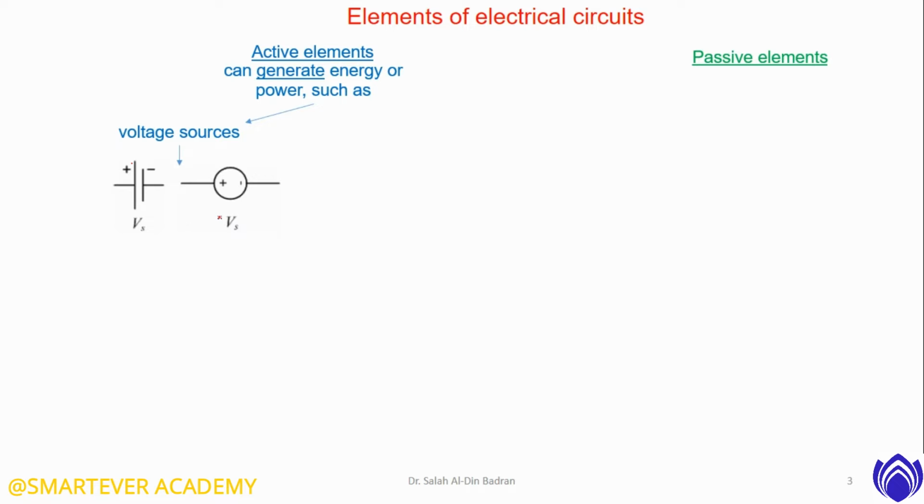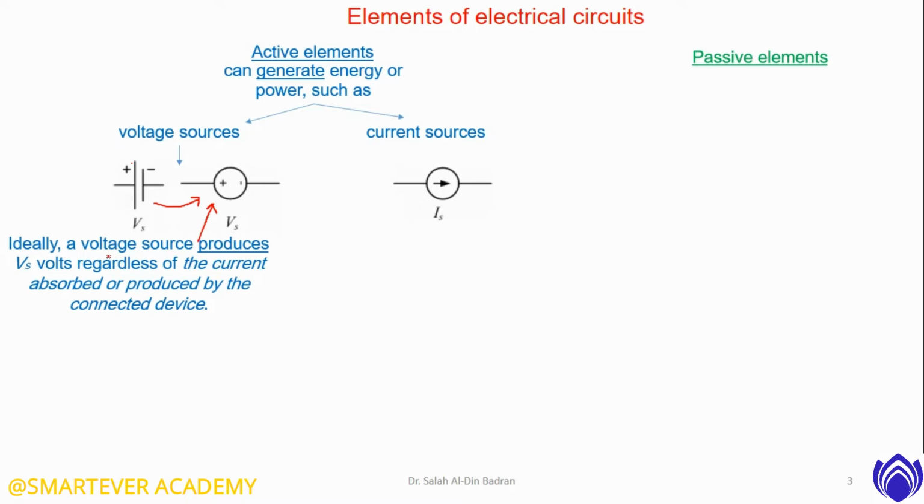Or we have another schematic symbol. We can also draw this symbol as a circle, inside it plus and minus. So you can use this symbol or this one. The schematic symbol of a current source is this circle, inside it an arrow, Is current source.